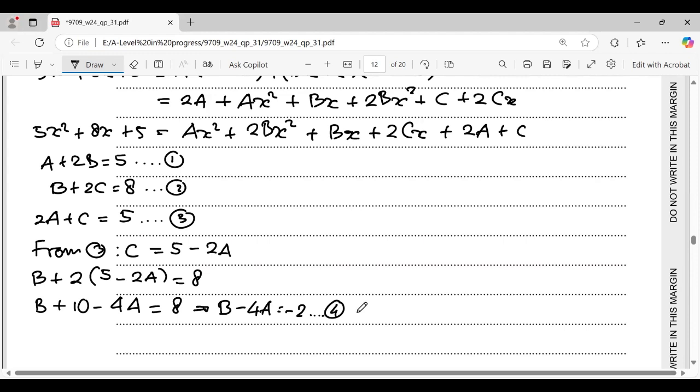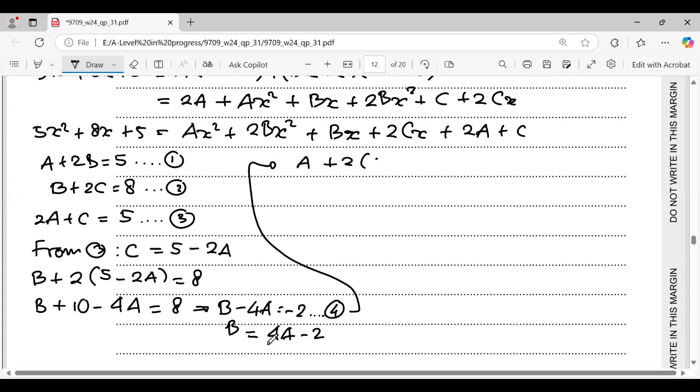And the next step, substitute the fourth equation into the first equation, a plus 2 times, sorry, because this is b, it's going to be b equal 4a minus 2.